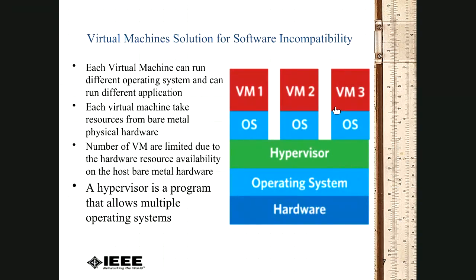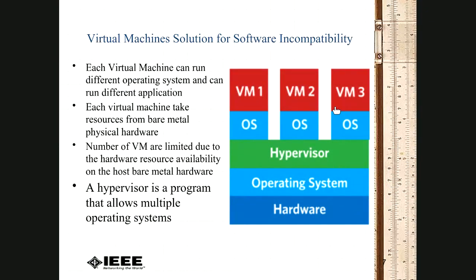Then can we have one VM4 on the same hardware? Can your host hardware support another virtual machine? Everything will be choked at one point of time, meaning that you cannot have an unlimited number of virtual machines. So that problem also did not help much.